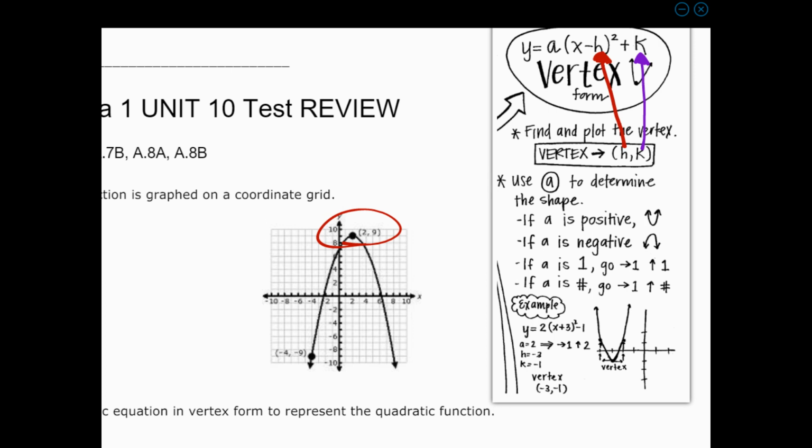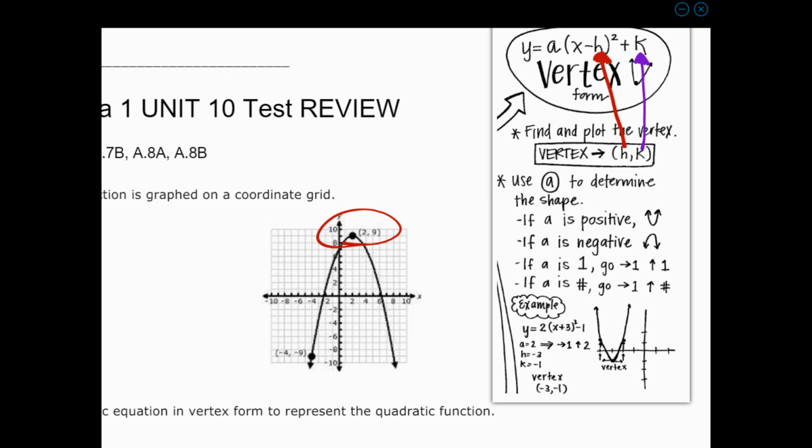Because as I told you when we were doing transformations, anything inside the parentheses corresponds directly to your x. Anything outside the parentheses corresponds directly to your y being changed or affected. Okay? So alphabetically, your h and your k are still your x and your y. And it gets put in there.